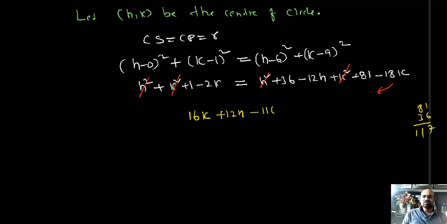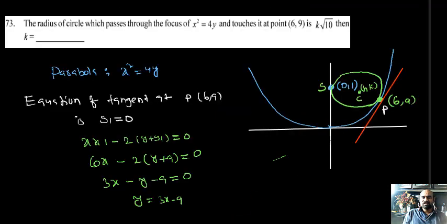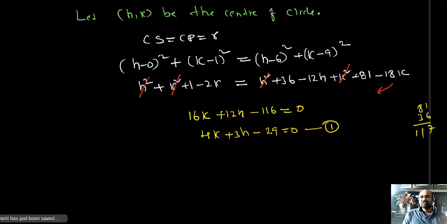I can divide throughout by 4 now: 4k plus 3h minus 29 equal to 0. So this is equation 1. Actually you want the center. After that you can find the radius. So I want the h and k values, but I got one relation between h and k. One more relation I want between h and k. After that I can find the center of the circle, and then I can find the radius of the circle. So one more relation between h and k should be established now.